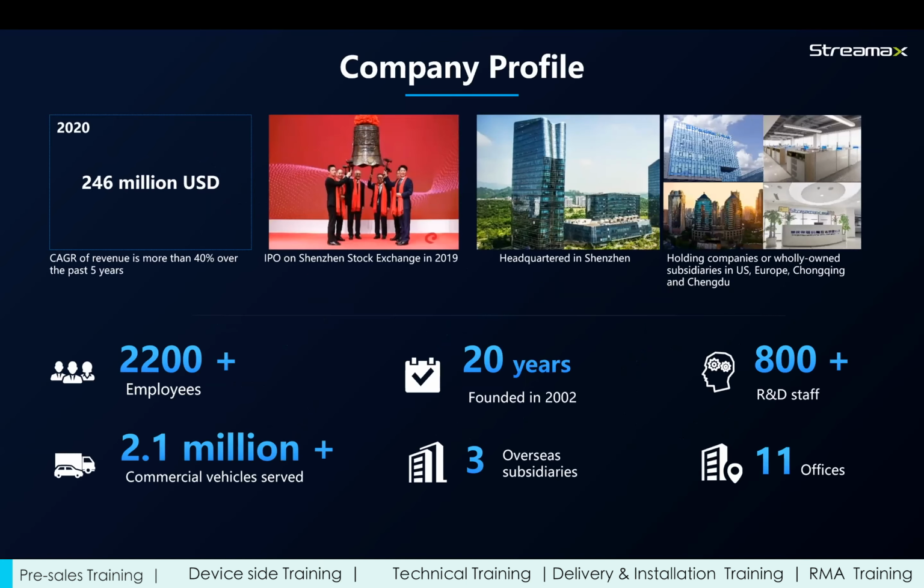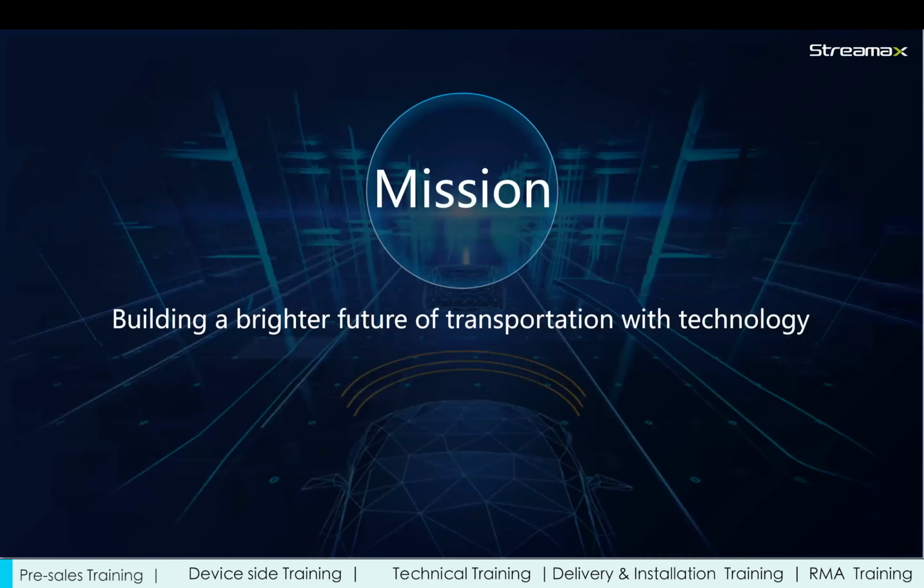First, about Streamax. Streamax Technology is an AI-based safety solution provider for commercial vehicles. Streamax was founded in 2002. Streamax is a national high-tech enterprise featured by independent R&D, self-manufacturing, and self-development.